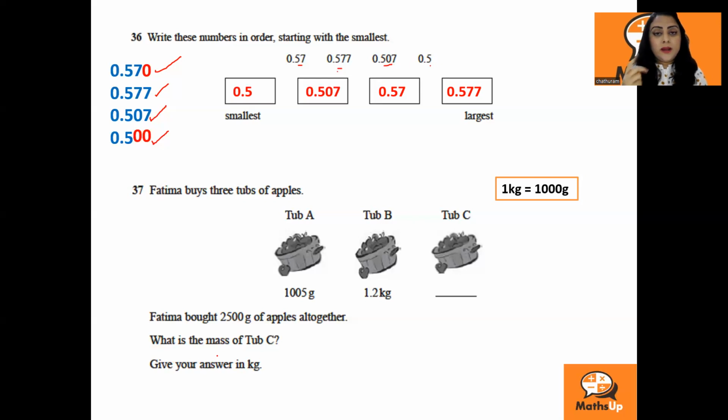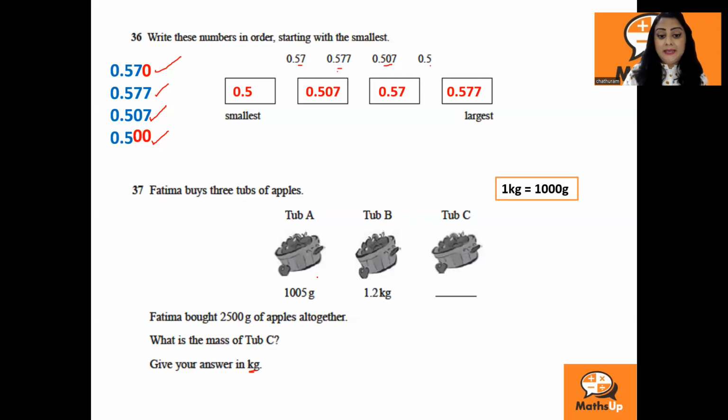The one way is you have to convert all these into grams, or the other way is you have to convert all the masses into kilograms. So what I'm doing here is first I'm converting all the masses into grams, then write the answer in kilograms because it says you have to present the answer in kilograms, right?